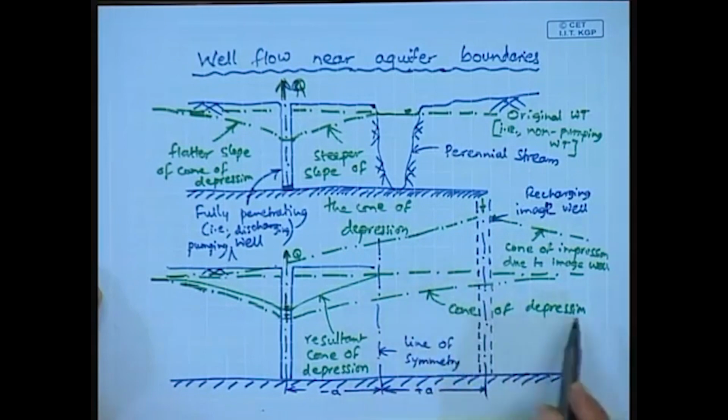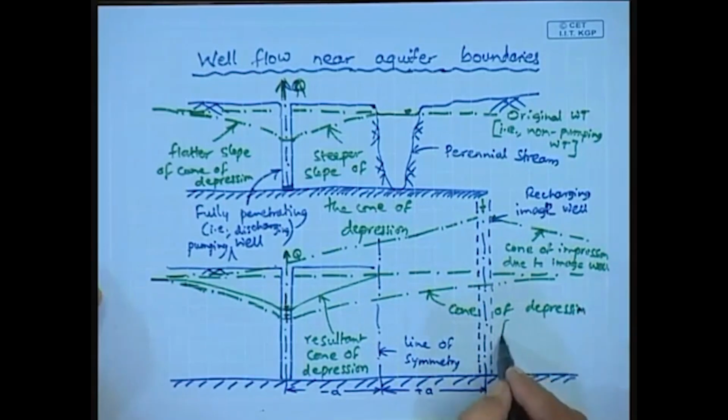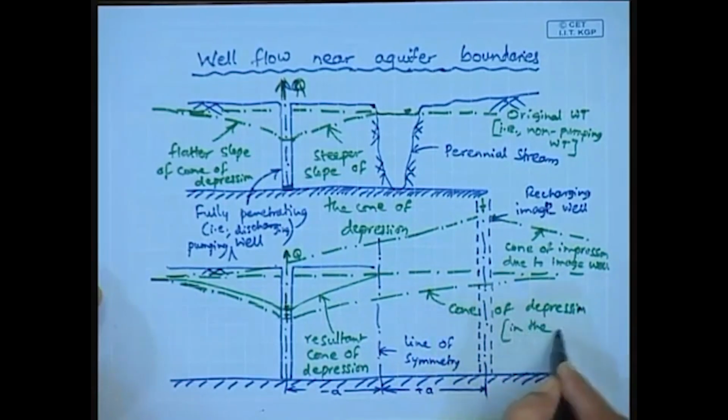So, the resultant of the cone of depression in the absence of perennial stream.